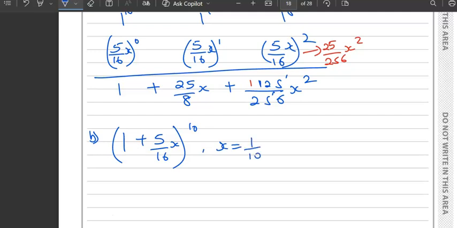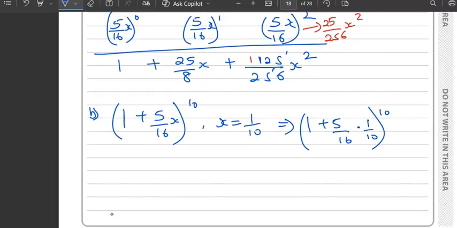So when we substitute back, this is the same as 1 + 5/16, replacing x with 1/10, then everything is simply raised to power 10. If you simplify this, we have simply (33/32) raised to power 10.